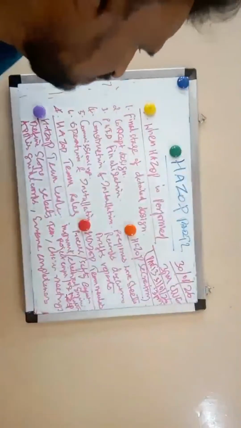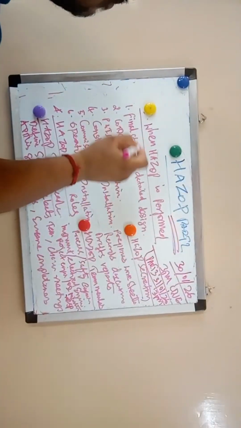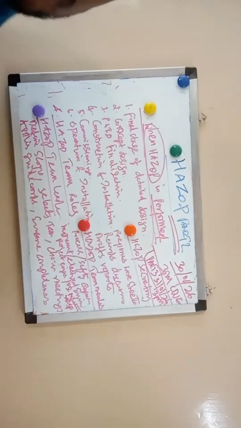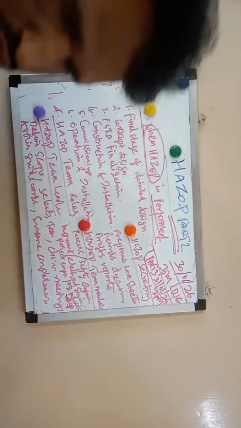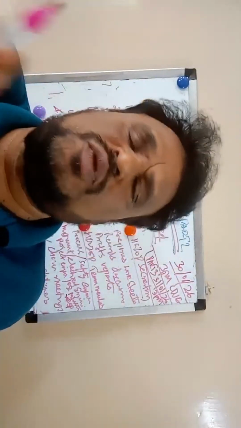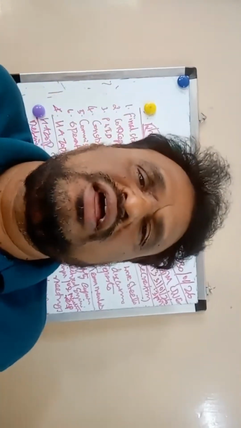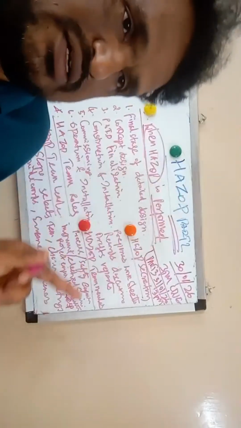So in HAZOP Part 2, we are going to see when HAZOP is performed. That's very important, because you must know when it needs to be performed. We cannot simply go and do a HAZOP, because there are various steps involved. That's why we have different parts.